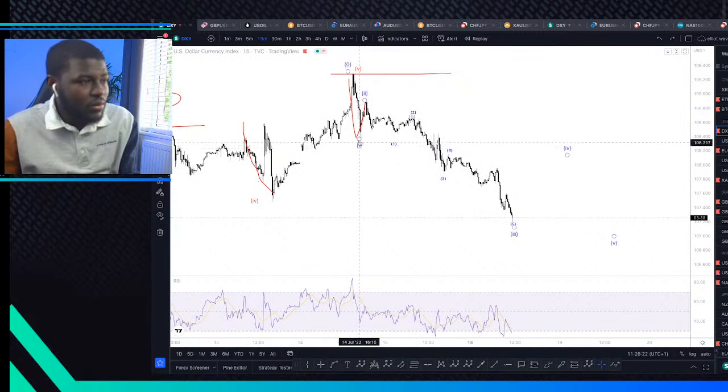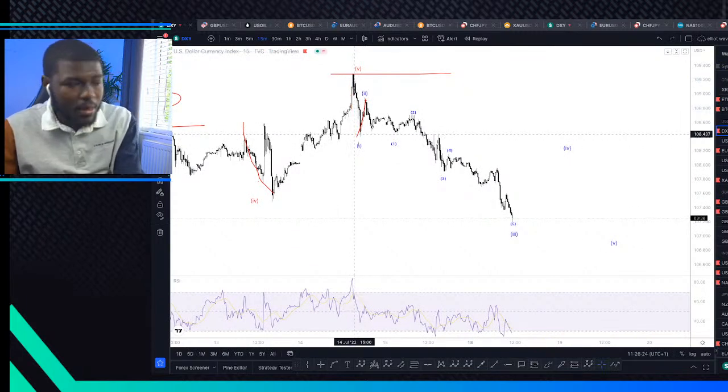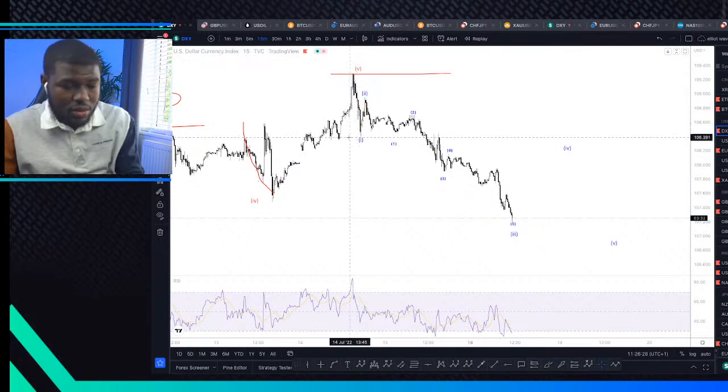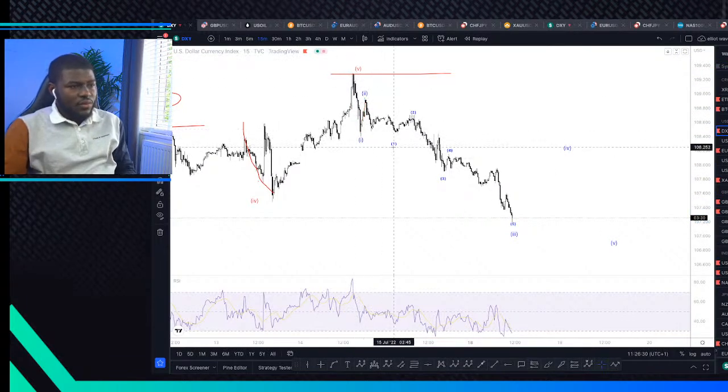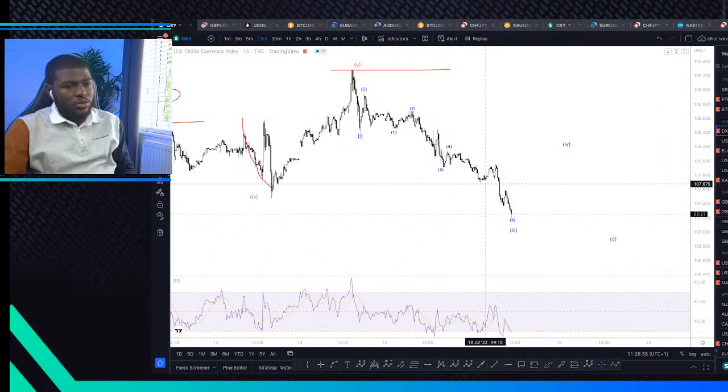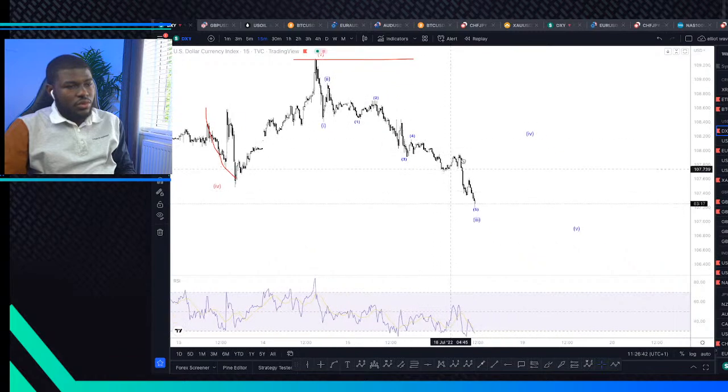Now reverse. And this is that. So that's this wave 1, wave 2. All of this is wave 1 and wave 2. Then I have wave 3 here. I have wave 4. 1, 2, 3, 4, 5.